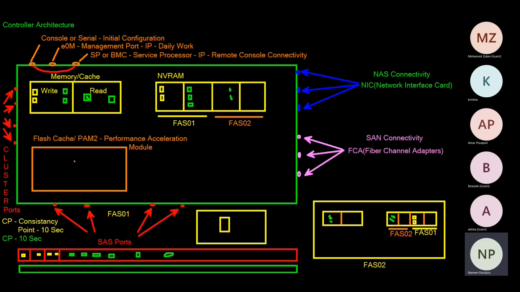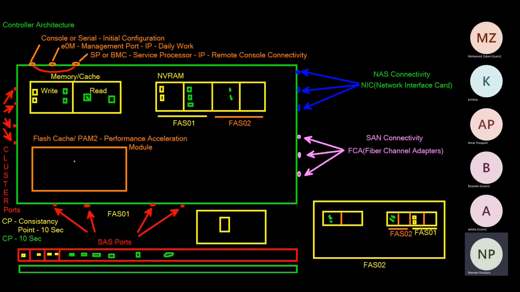I told you, right? Whenever memory and NVRAM commit the data to the disks, after committing, they flush the data. That is what I told you during the write request. When they are flushing the data, what will NVRAM do? NVRAM will store a log file.